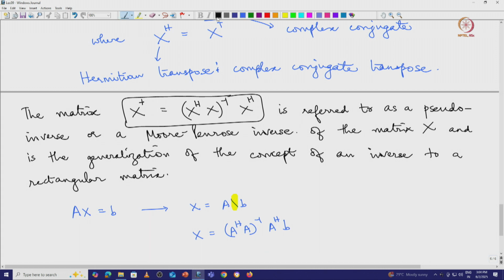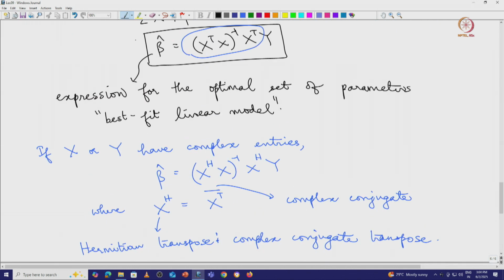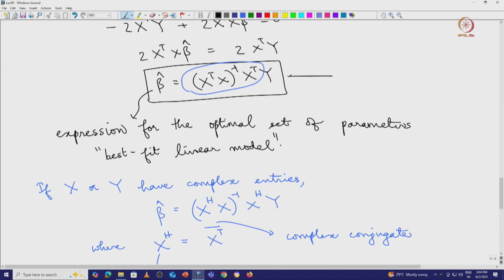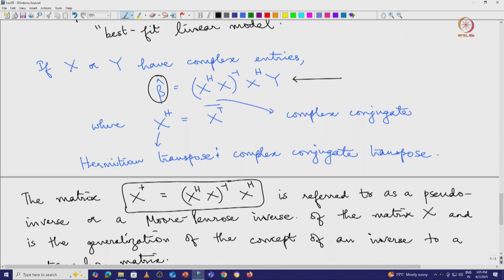So I hope that sort of gives you an idea of how the linear algebra behind linear regression works, and with this particular equation, whether this one for real data or this one if you have complex data, you will be able to find the optimal set of parameters for your linear model. Now there are various metrics that are used to quantify the accuracy of the model.